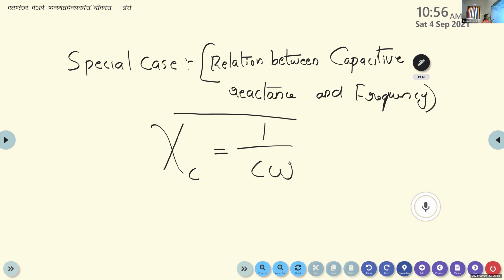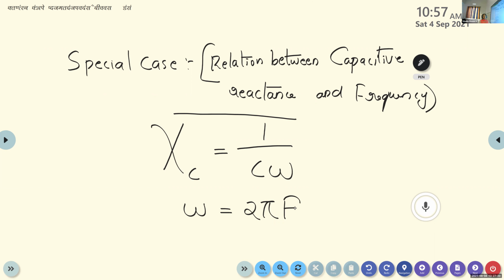But we know the value of omega. What is omega? As we told in the previous session in the case of inductor, omega is equal to 2 pi f.